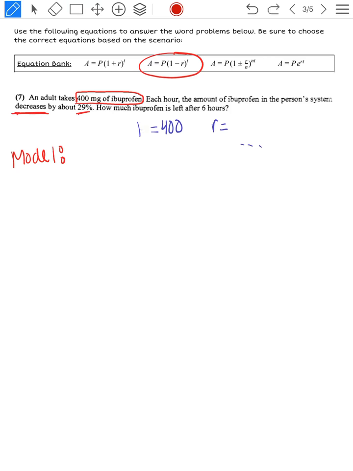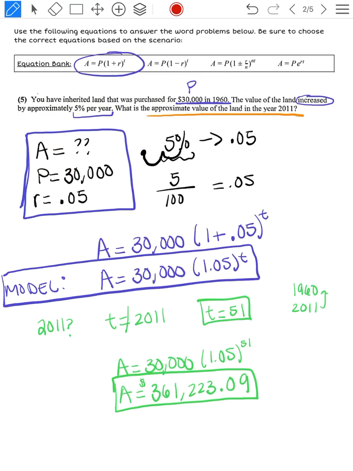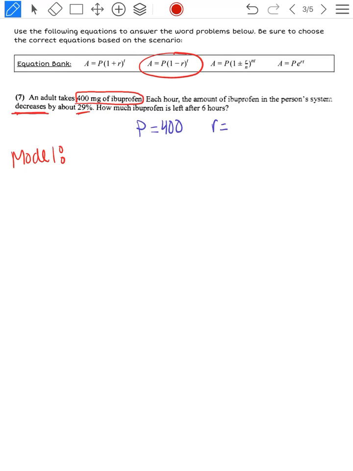My R is my rate. My rate is 29%, but I can't put 29 in for R. I need to convert that to a decimal. So my rate is 0.29. And then A is what I'm trying to figure out, how much ibuprofen is left after 6 hours.